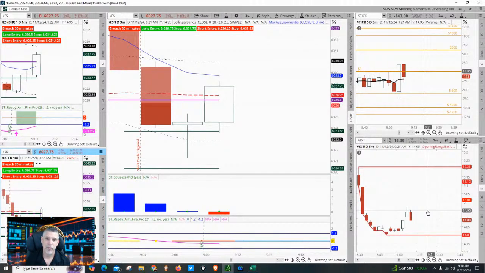What is this candle pattern? Nice little morning star candle pattern. All right, beautiful little morning star bullish pattern. Just be patient, we'll get our opportunity. Be patient.